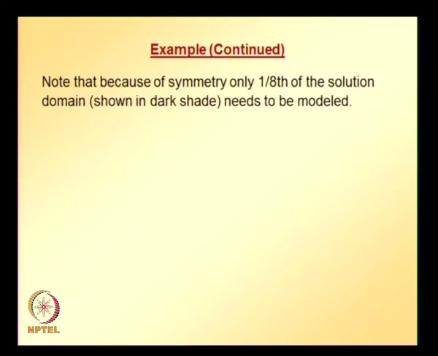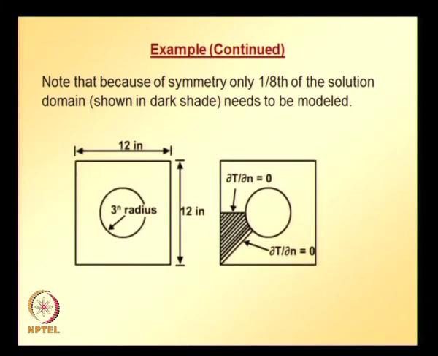Note, because of symmetry only 1/8 of the solution domain needs to be modeled. So, this is the 1/8 model, and once we take symmetry into account, the associated boundary conditions along the lines of symmetry are shown there, that is, the partial derivative of T, where T is temperature, with respect to the normal is equal to 0 along the lines of symmetry.